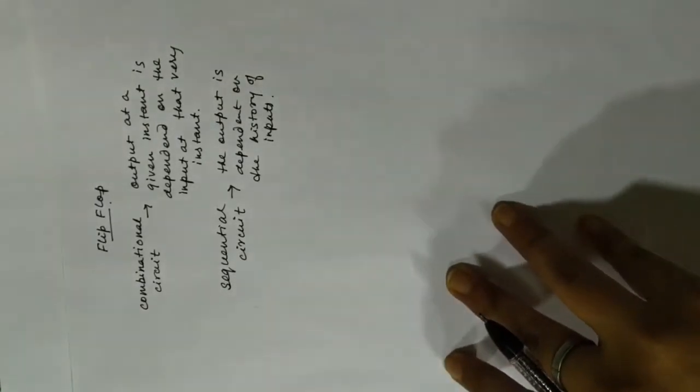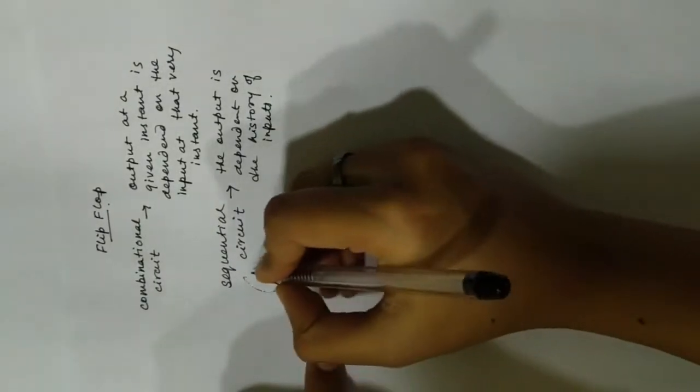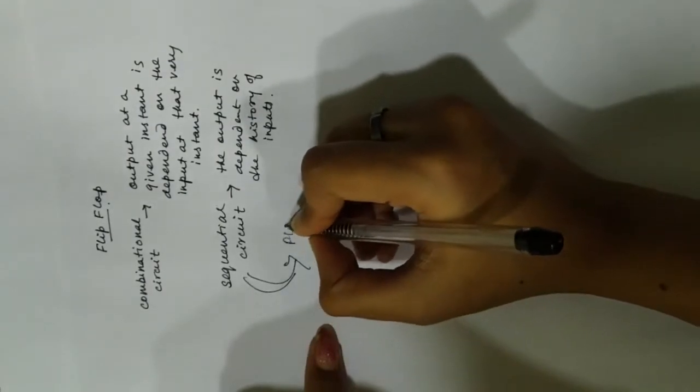Or you can say the sequence of inputs. Hence the name sequential circuit. So you can understand a sequential circuit has a memory. It can memorize its previous inputs, right? Now the main building block of a sequential circuit is a flip-flop.